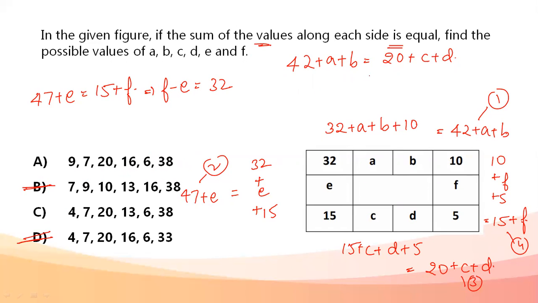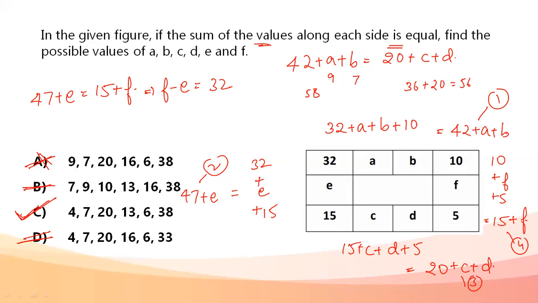So let's go for option A. A is 9, this is 7, this becomes 42 plus 16, 58. The other side, it is 20 plus 16, it's 36 plus 20, it's 56. So A is not my answer. Since A gets eliminated, only option remaining is C. My answer is option C.